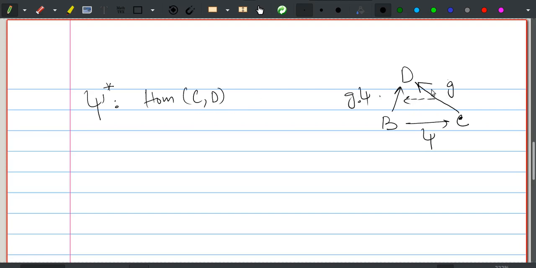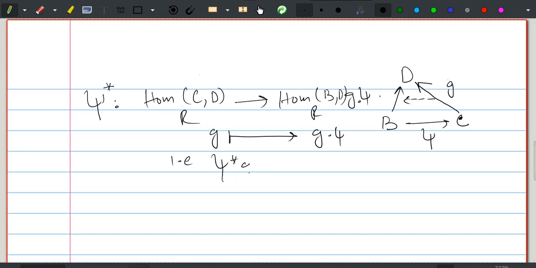So G is a map from C to D, so G belongs to Hom CD, and it is carried by psi star to a map G psi, which is a module homomorphism from B to D. So it is an element of Hom BD, such that G is carried to G psi by psi star, i.e. psi star of G is the same as G psi.